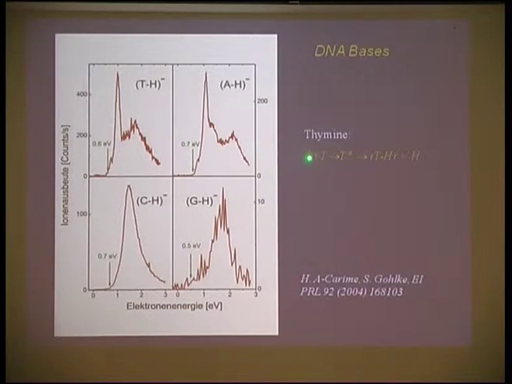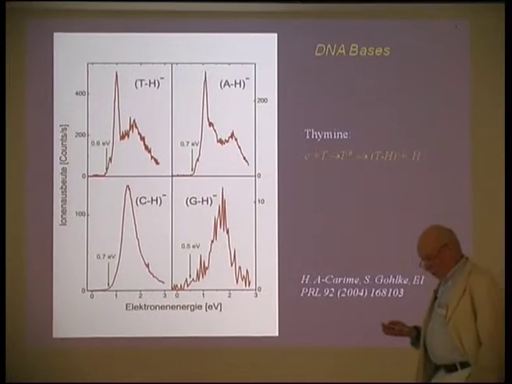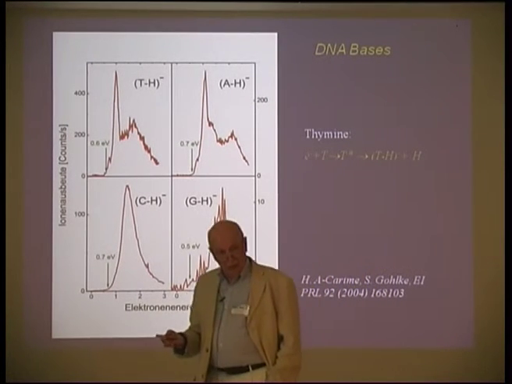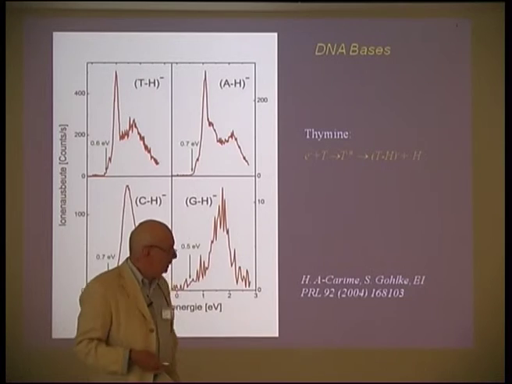An electron comes, forms this transitory compound state, and then the compound state breaks apart, kicking a neutral hydrogen atom off, and the electron stays with the molecule, forming a closed shell negative ion.